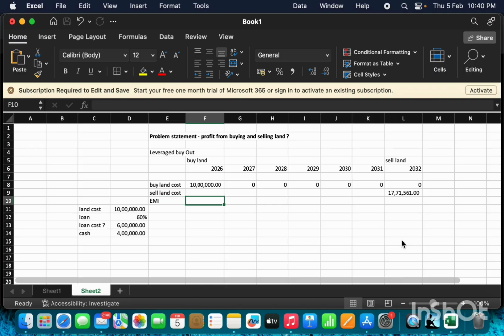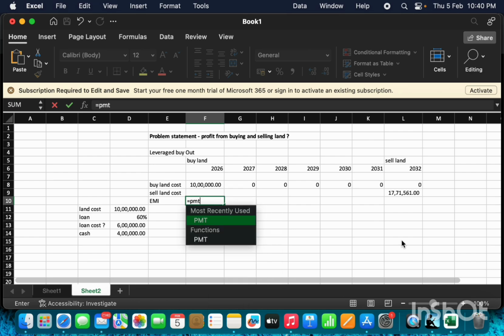To calculate EMI, there's a very simple formula called PMT. PMT is payment in short. What this payment function is demanding is a rate of interest. Since this is an annual timeline, let's say the general rate of interest is 9%. It's very simple, very intuitive. Now, it's asking for the number of periods that the loan is for. The loan is for 7 years, 2026 to 2032, including 2026.